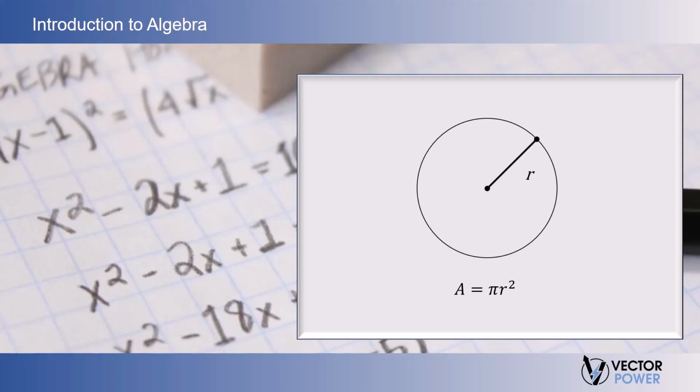Algebra is a powerful tool for problem solving in science, engineering, economics, finance, architecture, and many other day-to-day tasks. If we didn't use letters in place of numbers and used words instead, we would be writing many pages for each problem, and it would be much more confusing.